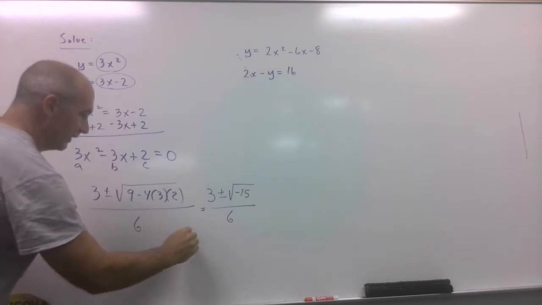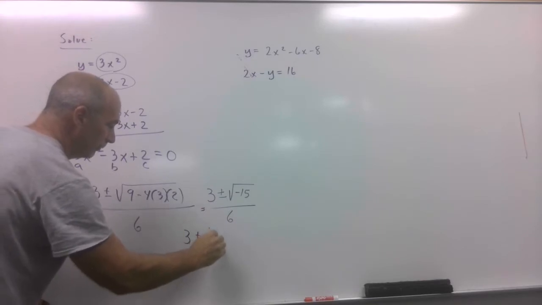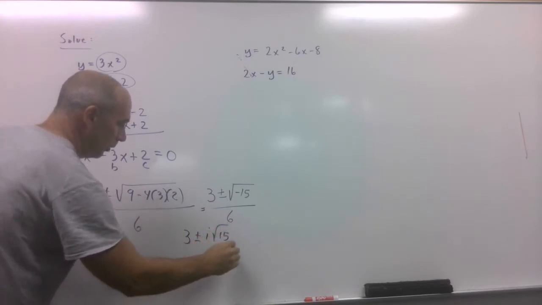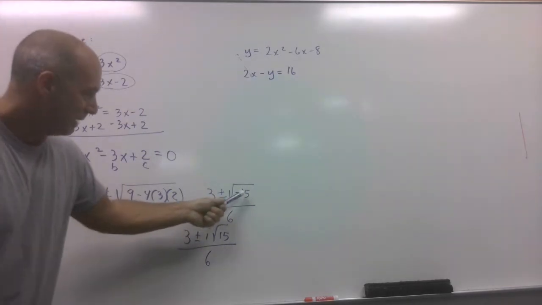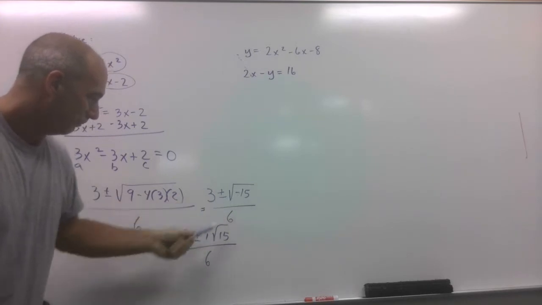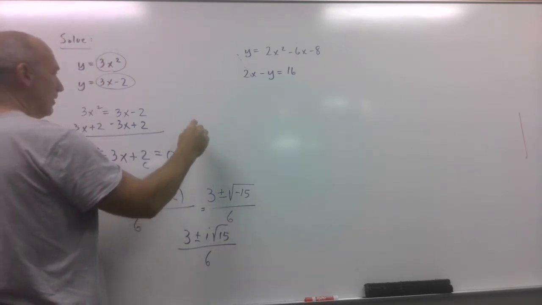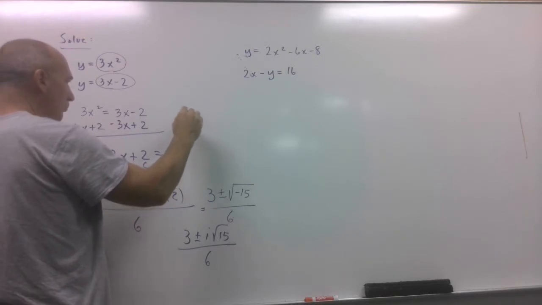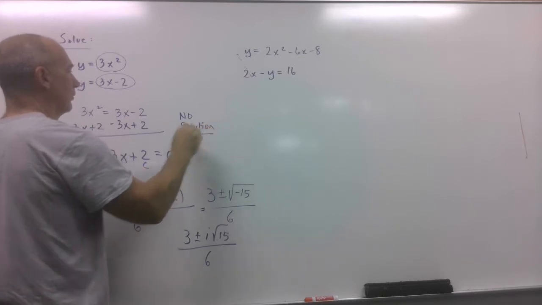So to simplify this, I get 3 plus or minus, take the i out, all over 6. Now, as you can see, I've got an imaginary number that pops up, which tells me there are no real solutions. So this is not possible. There is no solution to this.